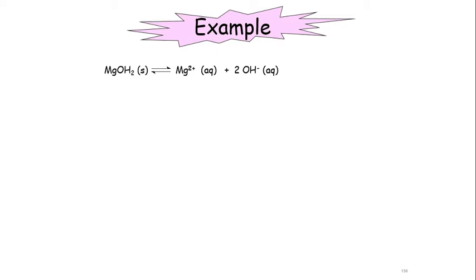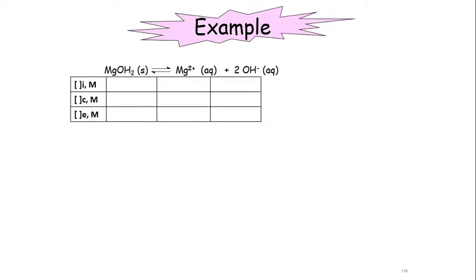Then we take the salt that is given as a hint, which is Mg(OH)2. We write the dissociation equation and it becomes Mg2+ and 2OH-. We draw the ICE table and we substitute. Initial Mg2+ is 0, changes 7.5 times 10 to the power of negative 3 from MgCl2 and 2.5 times 10 to the power of negative 4 from NaOH.